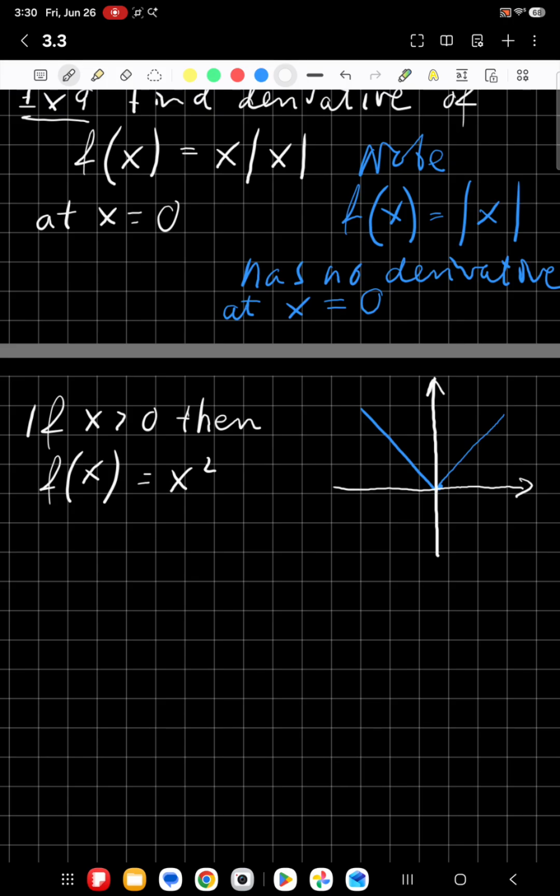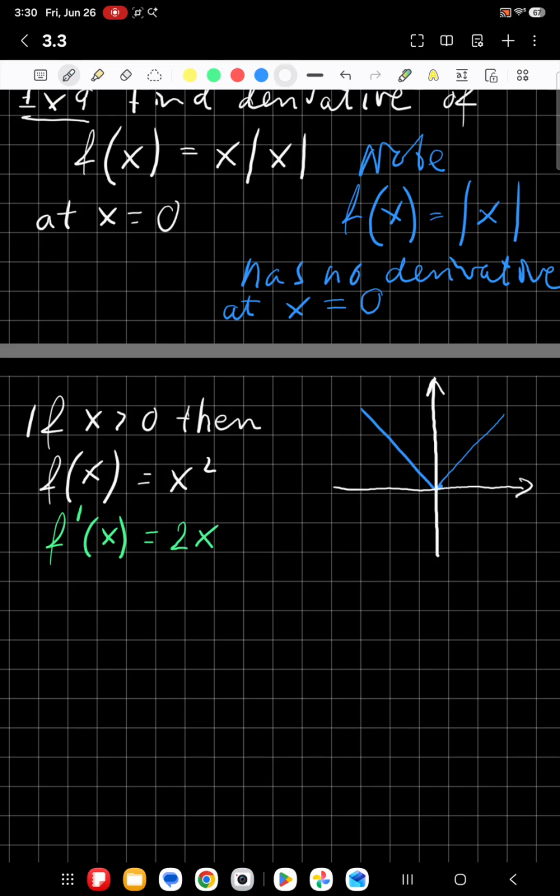If I calculate the derivative of that, f prime would be 2x. So that's the first case.